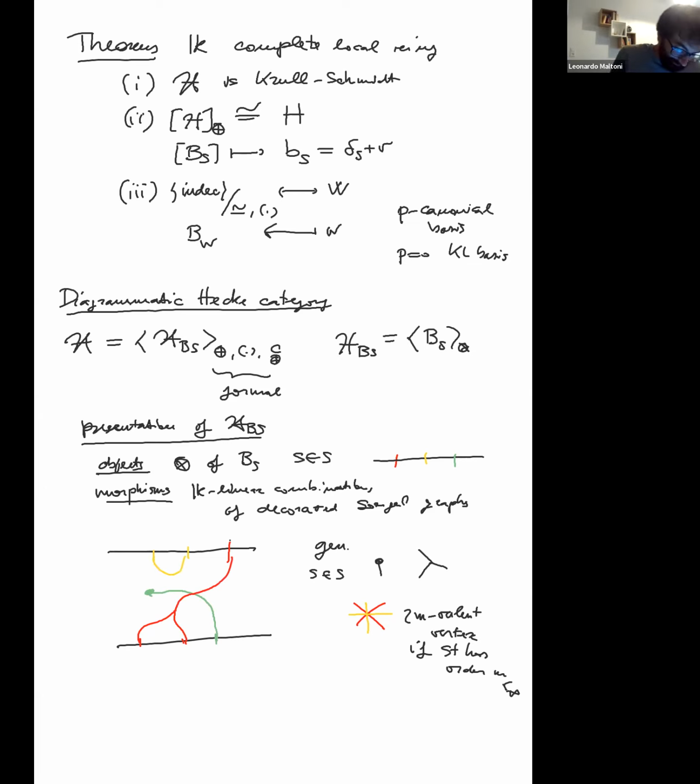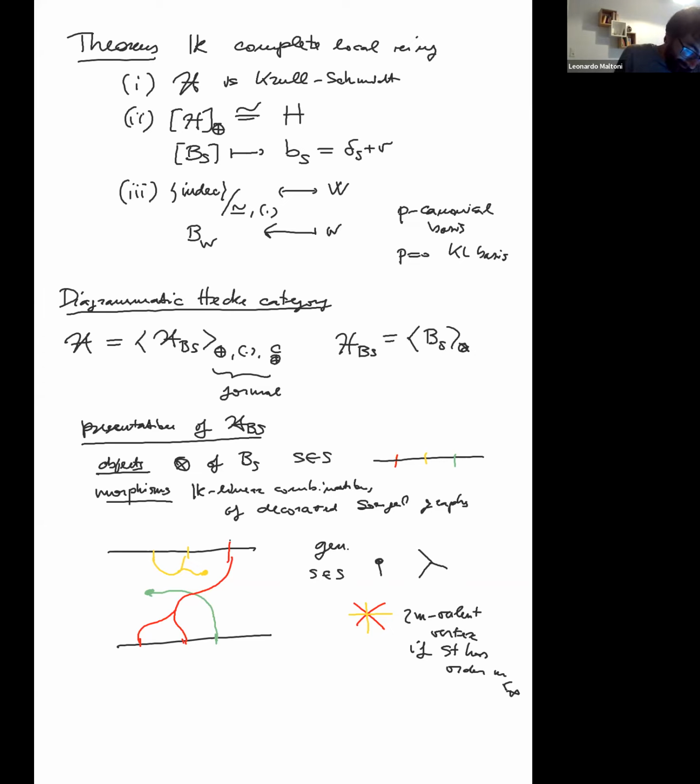So here, for example, we have some dots, which are the one-valent vertices. We have a red trivalent vertex on the bottom, and then we have a four-valent vertex, which means that the reflection associated with red and the one associated with green actually commute. So st equals ts. We have just m equal 2 in this case. And we can construct more complicated diagrams.